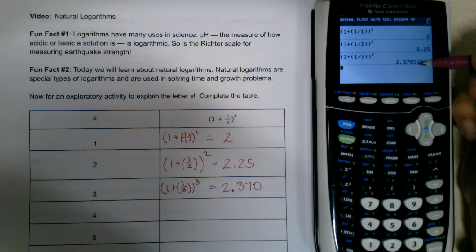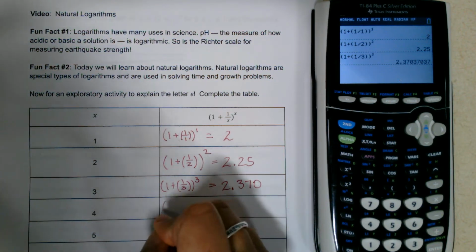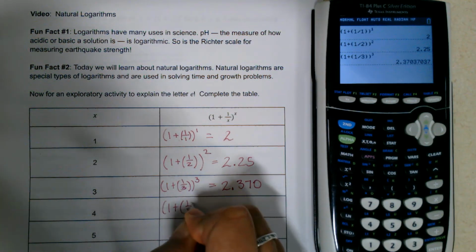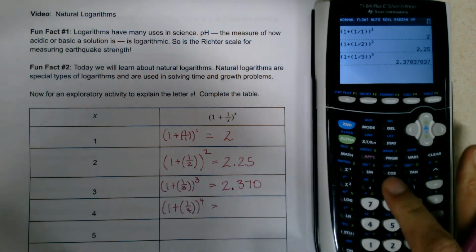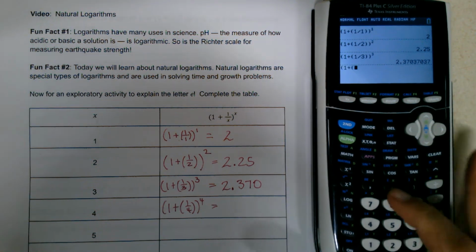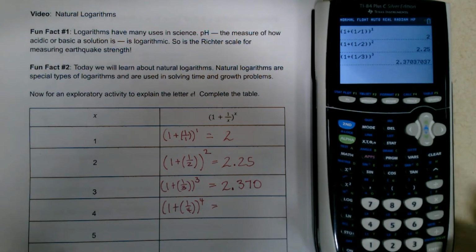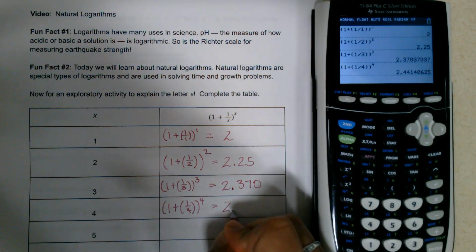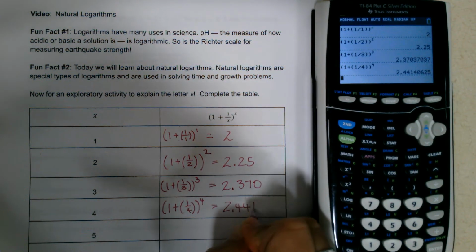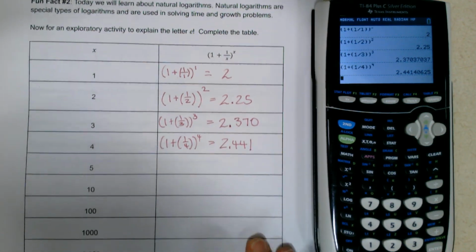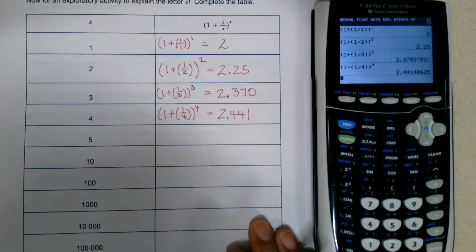So this is a 3 right next to that 0, so it's 4 and lower, so we're just going to keep that as a 0. Okay, let's try number 4. 1 plus 1 divided by 4, closing parentheses, raised to the fourth, I get 2.441. Now, yes, we still have a lot more to do.